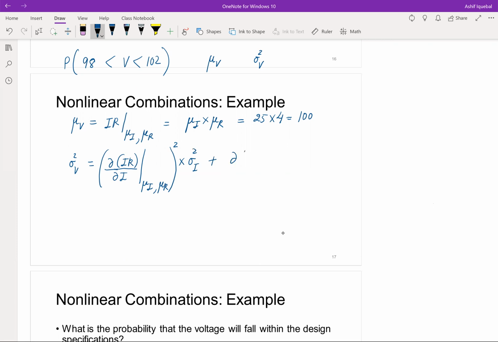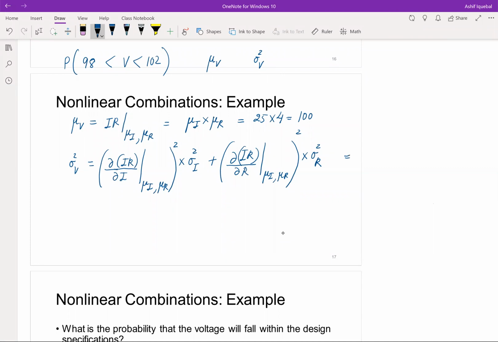plus again take the derivative of this IR, this time with respect to R, and evaluate at mu I comma mu R. Take the square of this and multiply this by sigma square R, right? So now we can calculate this.